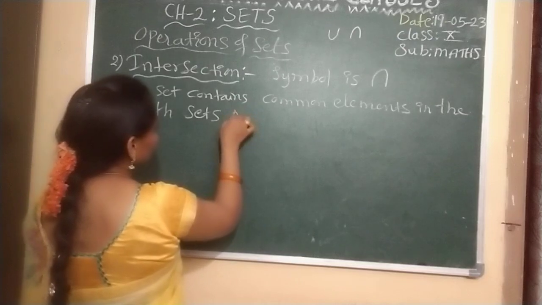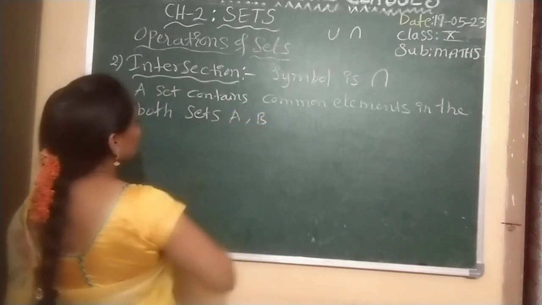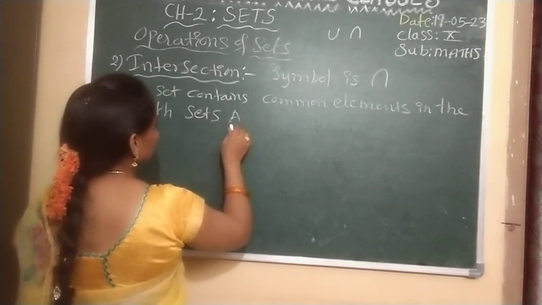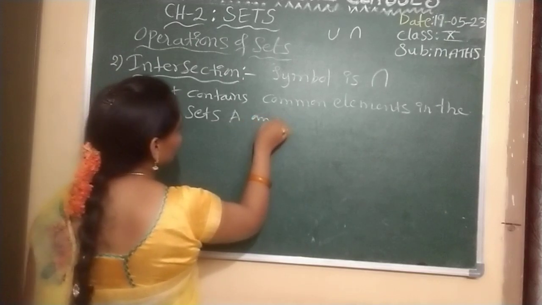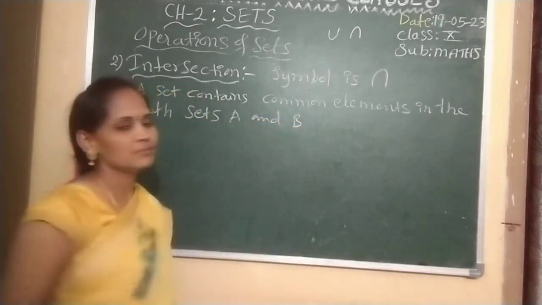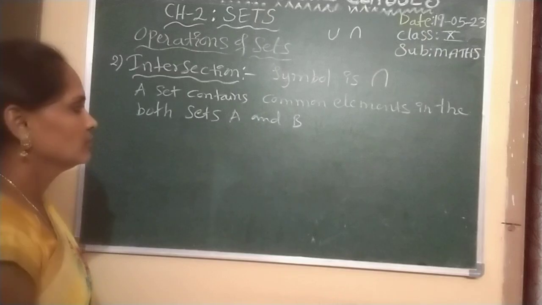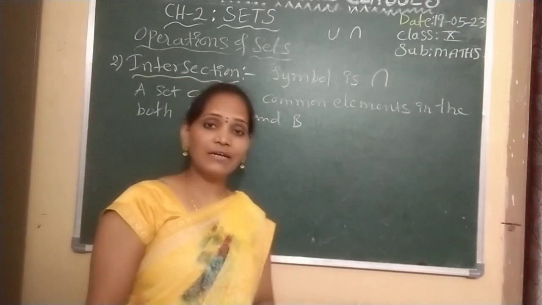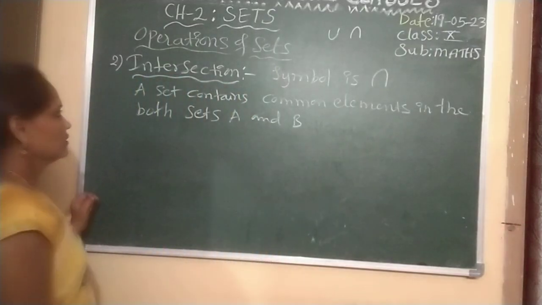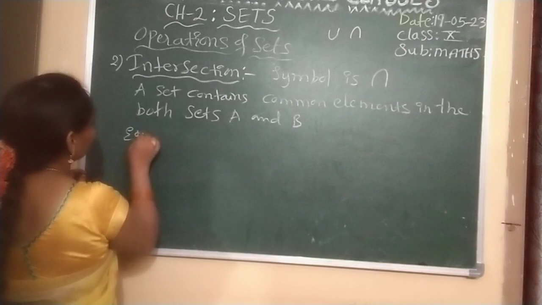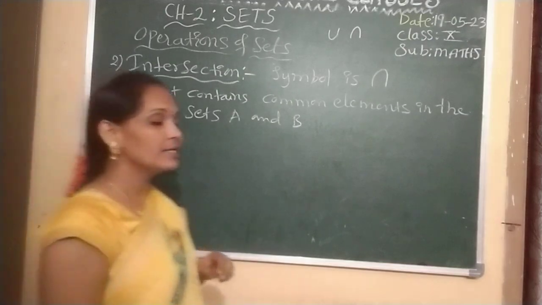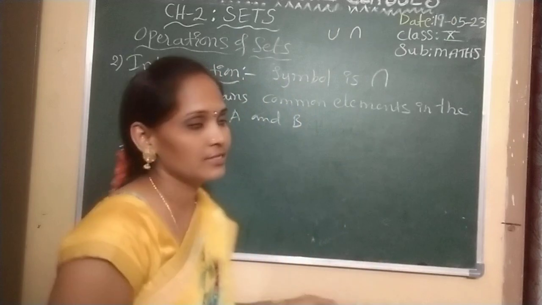What we will take is both sets A and B. If you take sets P and Q, or X and Y, like that. Now one example of how to do the intersection operation on the sets.